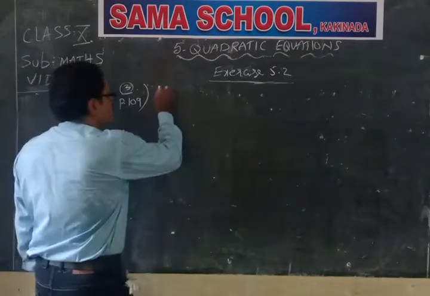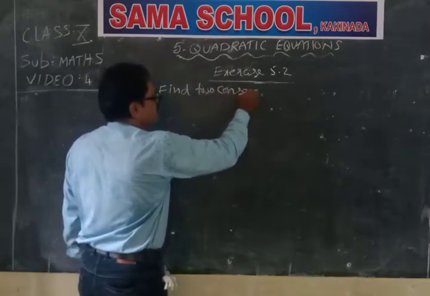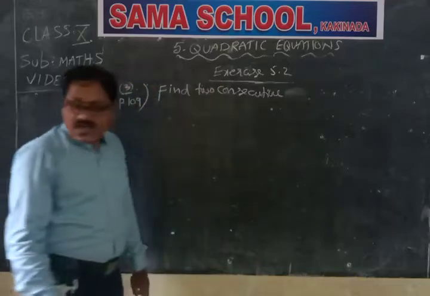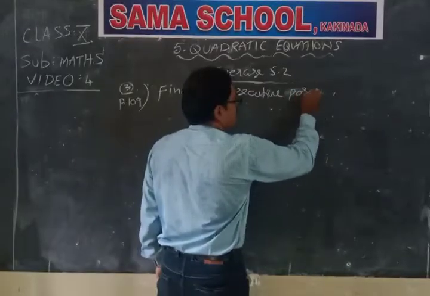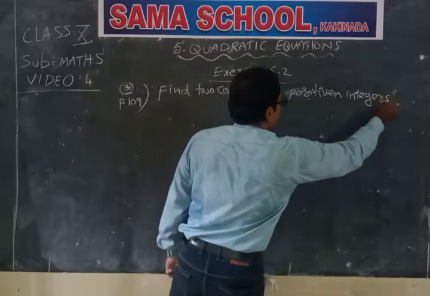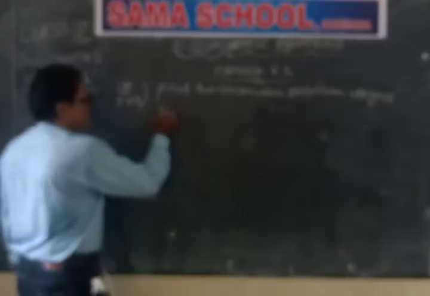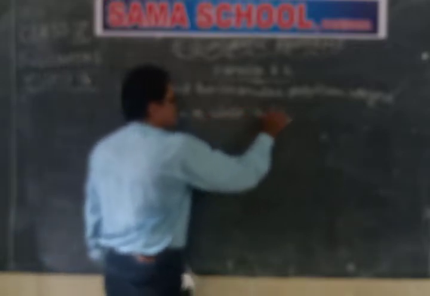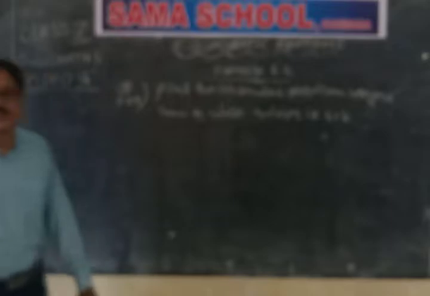Find two consecutive positive integers, positive only, sum of whose squares is 613.